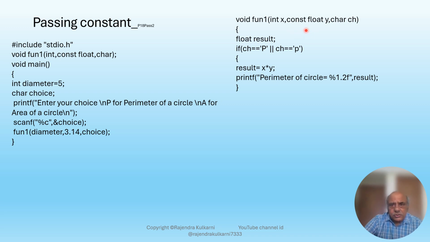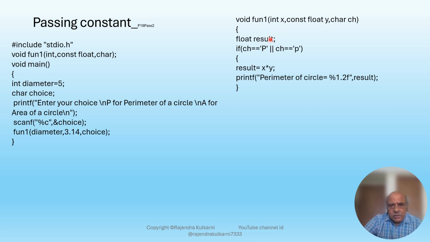This const float y tells the compiler that y is going to collect a constant value which is a float value, and then char ch. So this is called the function definition. We have arranged the variables to collect the values passed by the function call.